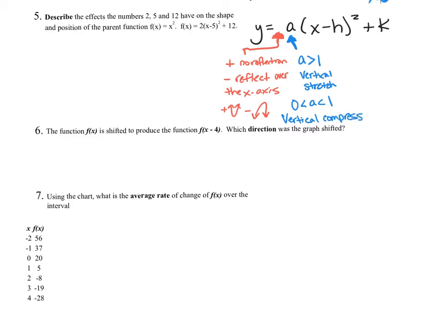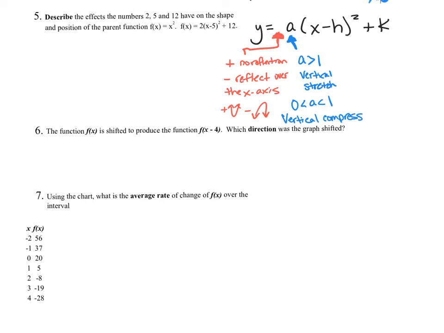So it's either going to vertically stretch or vertically compress. If it's bigger than 1, it stretches, and if it's between 0 and 1, then it compresses. Now remember, we don't look at the sign here because we've already used the sign for our reflection. We're only looking at the number.